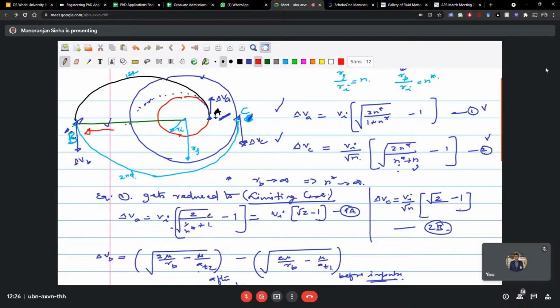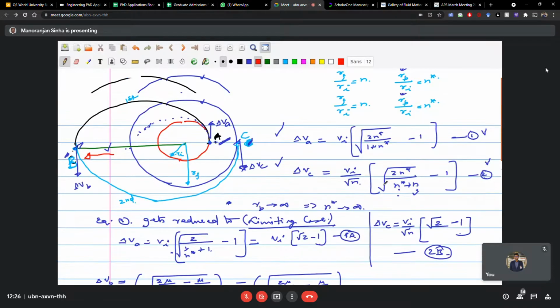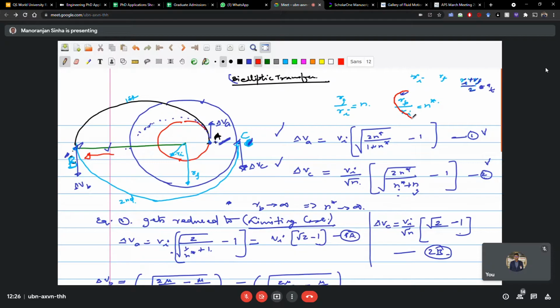It means your transfer orbit is of infinite semi-major axis. In that case, your N star, which is being defined by this equation, if RB tends to infinity, this N star tends to infinity, but this quantity is always finite.